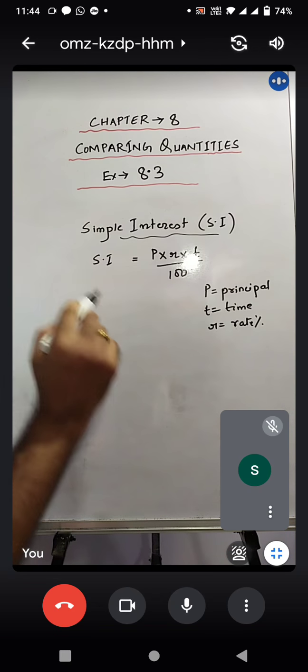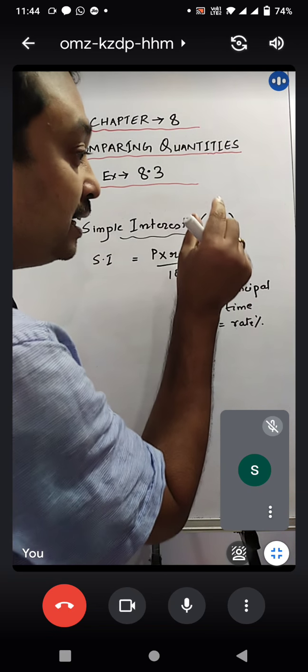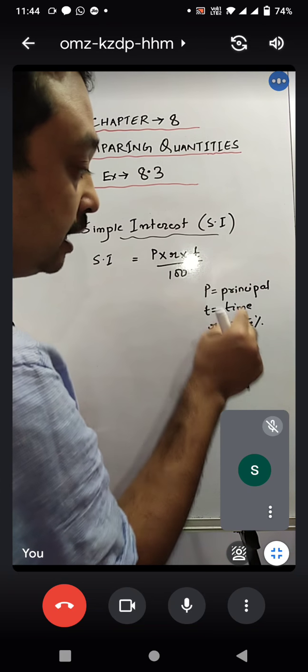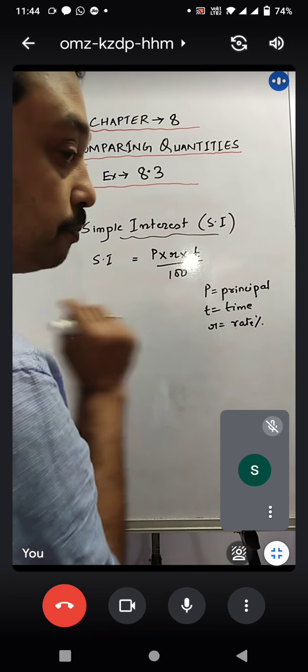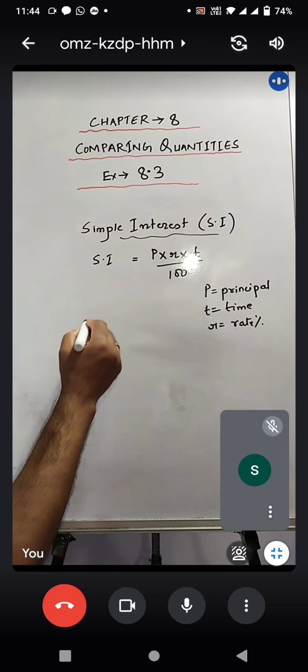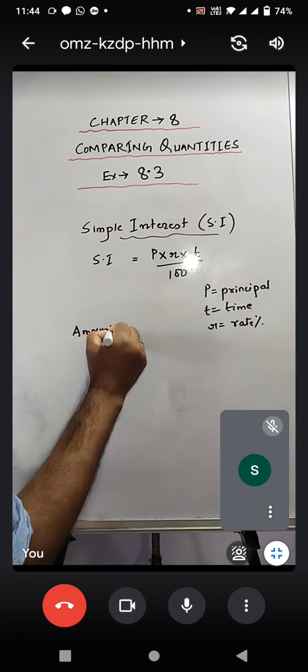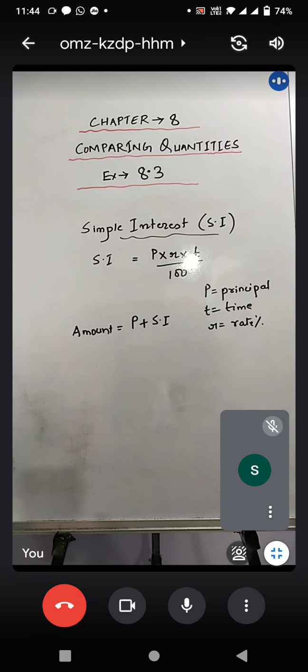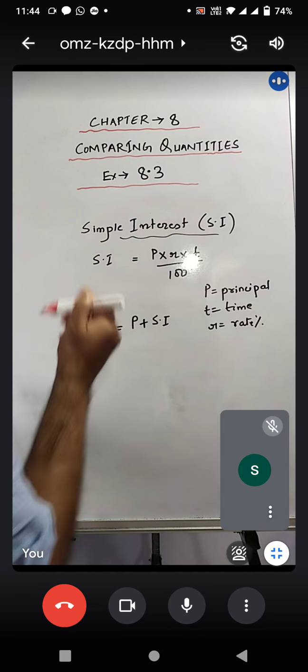Always remember that in the question, one number will come along with the percentage sign. That particular value is always the rate percent. Now there is another formula which is very, very important, that is amount. Amount is principal plus SI. These are the two formulas which will be very, very important.